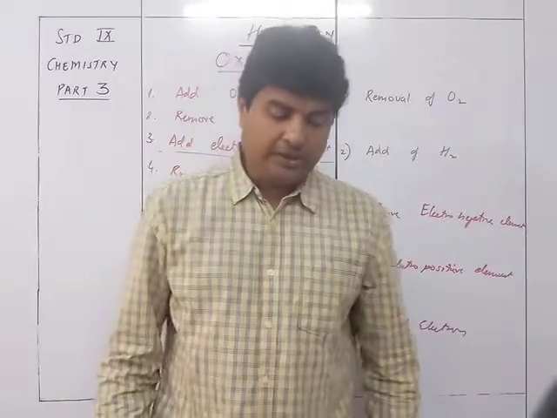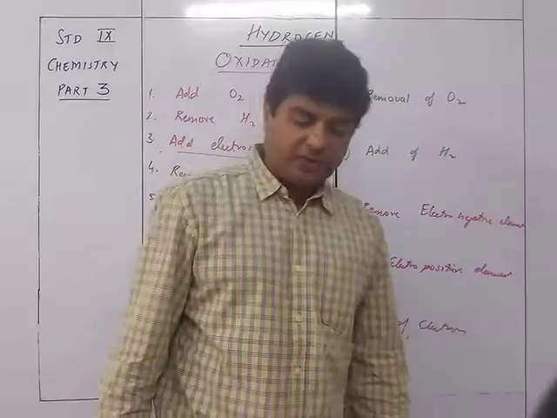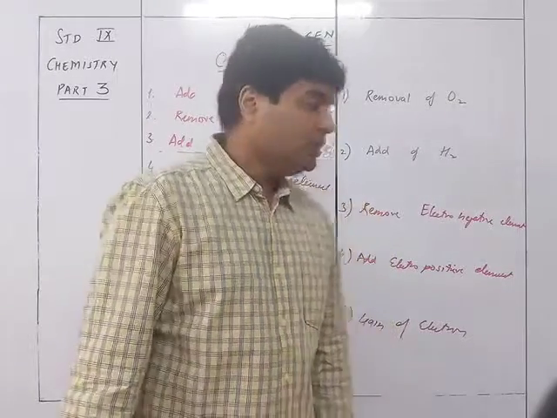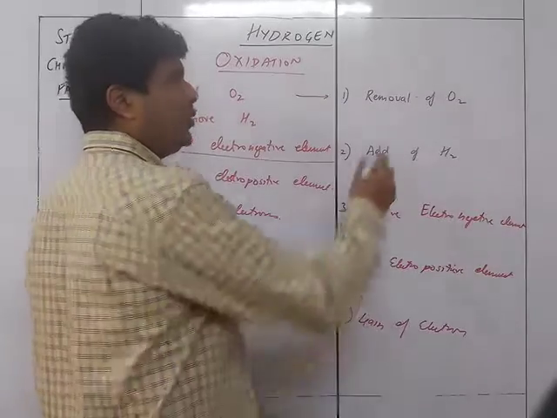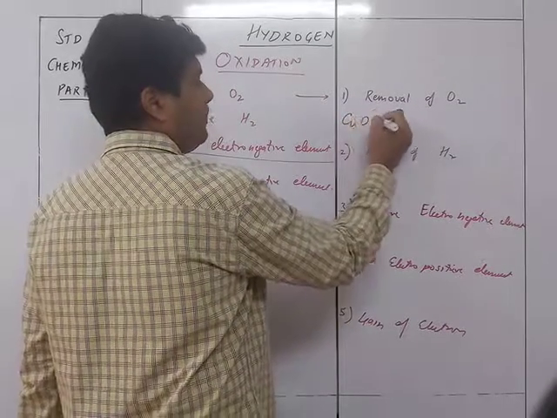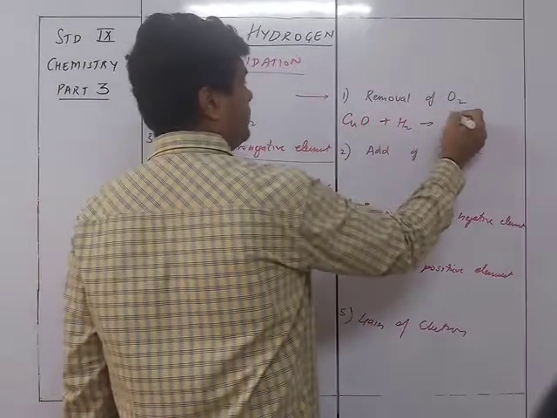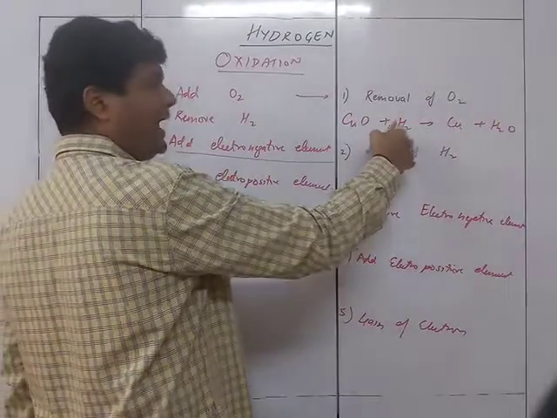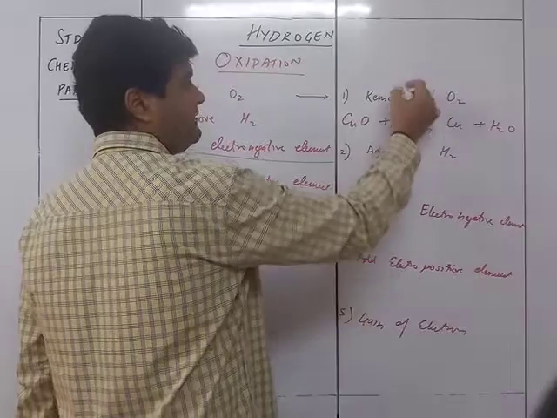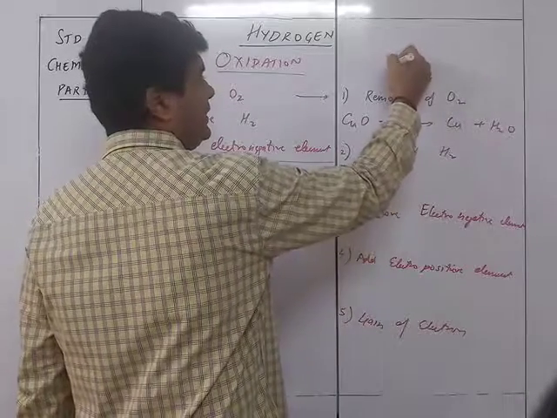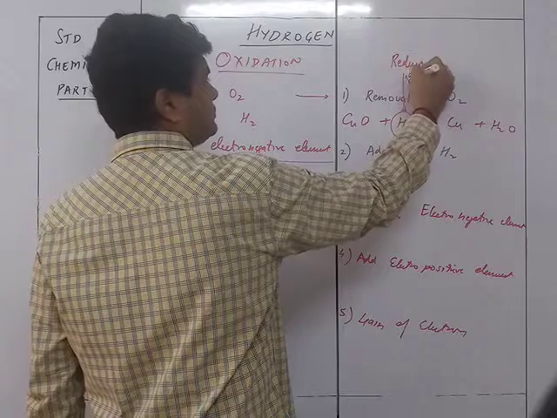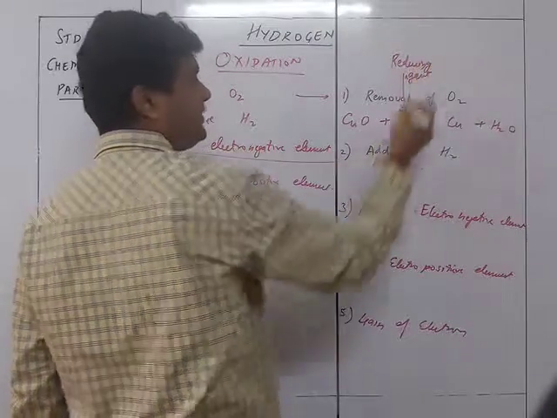So first is removal of oxygen from the compound: CuO plus H2 gives you Cu plus H2O. If I am removing the oxygen, then CuO plus H2 gives Cu plus H2O. The hydrogen over here is acting as the reducing agent.